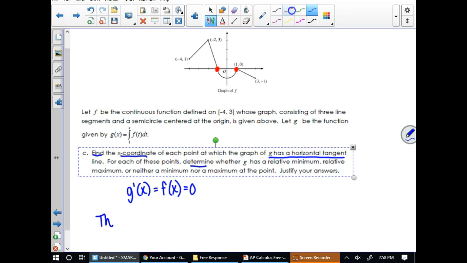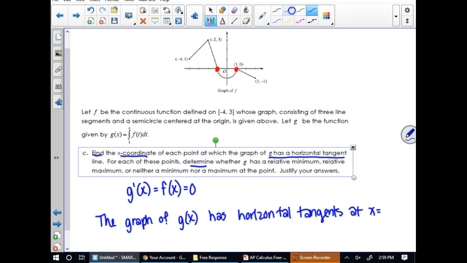So we need to say the graph of g of x has horizontal tangents at x equals negative 1 and x equals positive 1 because g prime of x, which equals f of x, equals 0 at these points.